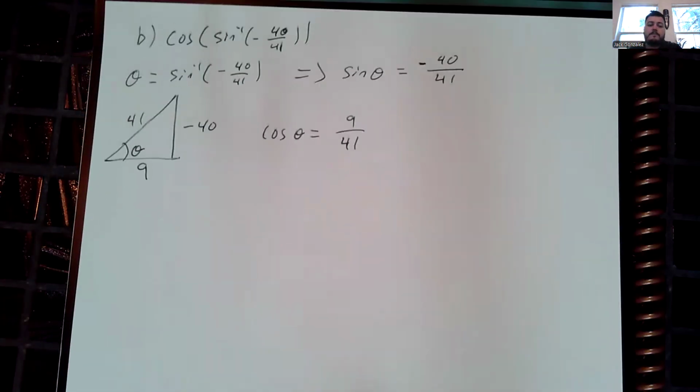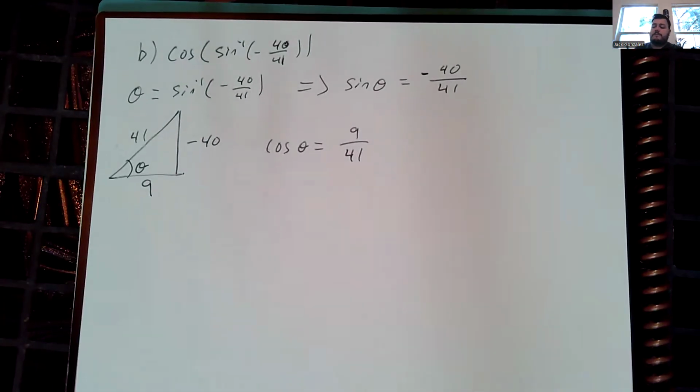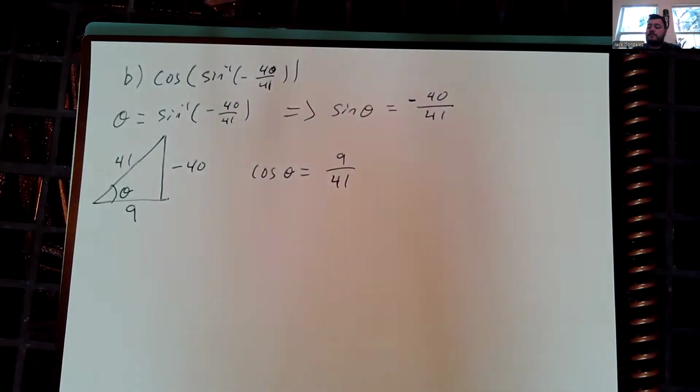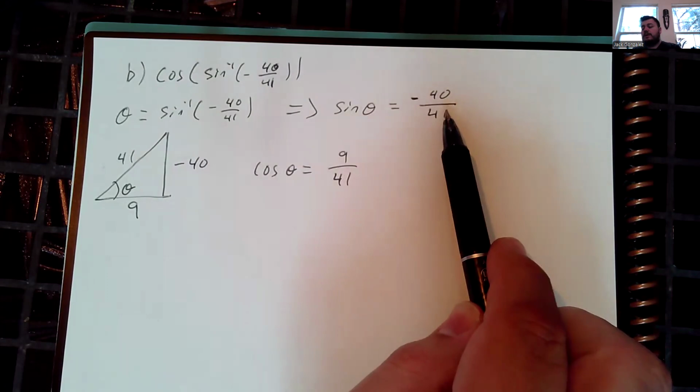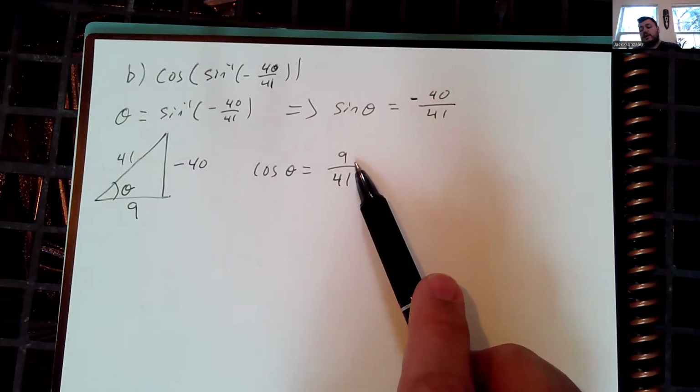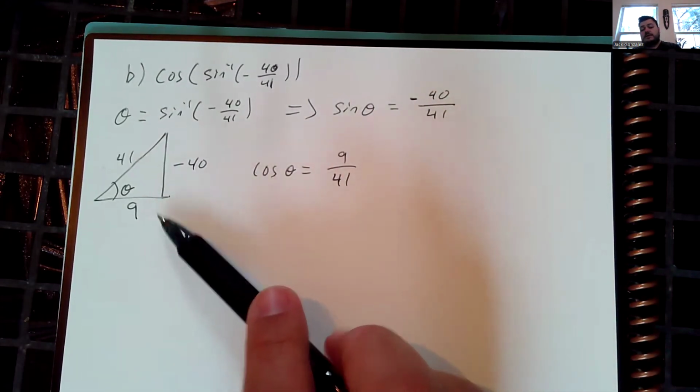Yeah, it's less than 1. Okay, now we're good. So since they didn't tell us where theta is, we can't say anything about 9 or the adjacent sides.